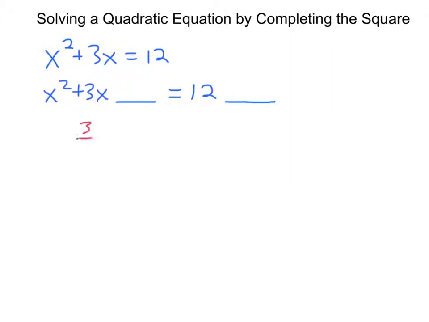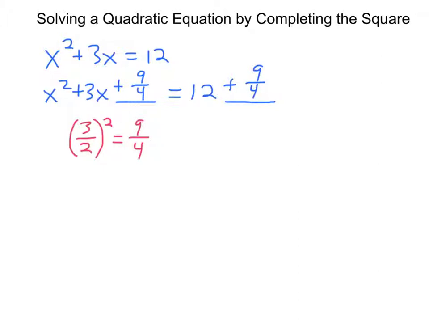So to figure out what I need to add in, we're going to take this number, positive 3, and we're going to take half of it, so divide it by 2, and then square that. And again, since this is a fraction that doesn't divide evenly, just square the top and square the bottom. So 3 squared is 9 and 2 squared is 4. And that's what we'd add to both sides. So we'd say plus 9/4 here, and then plus 9/4 over here.